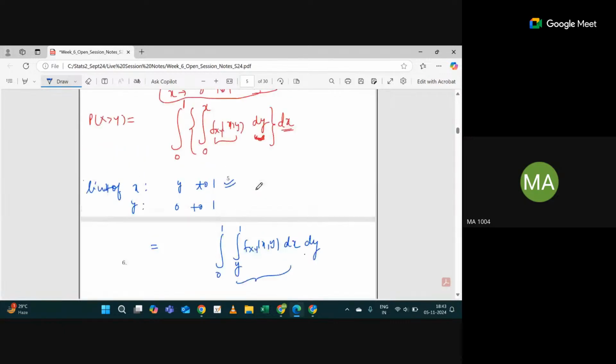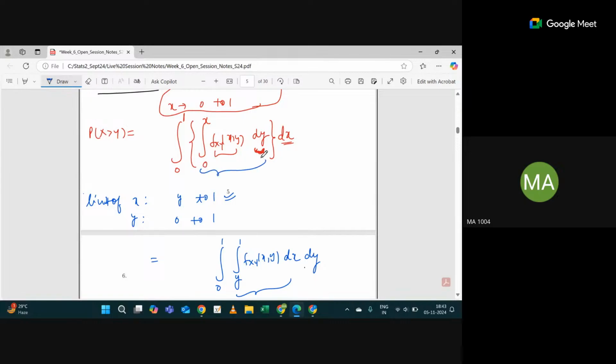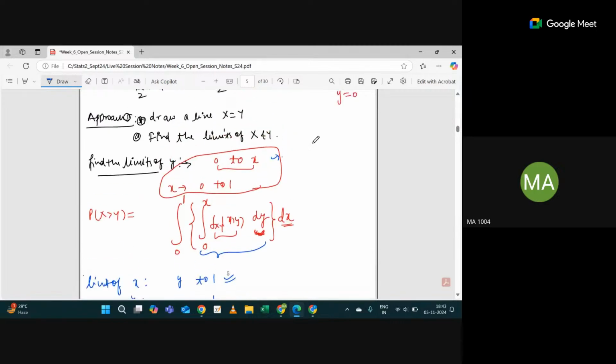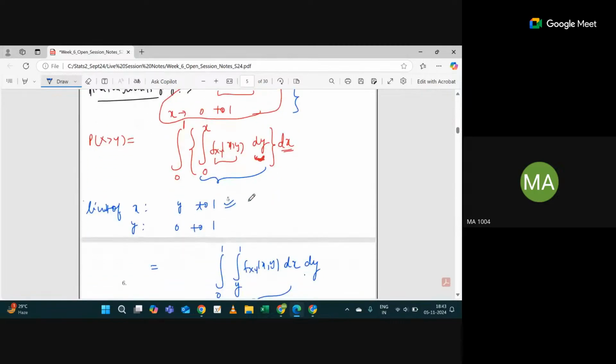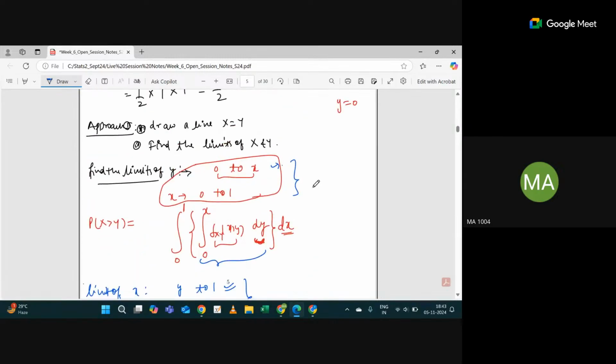Same thing here: if you integrate with respect to y, you will get some function of x, not a particular value. I will come to that point in a minute. But for now, is this okay to all of you, this finding the limits? If it's not, don't worry, I will take some other examples as well.